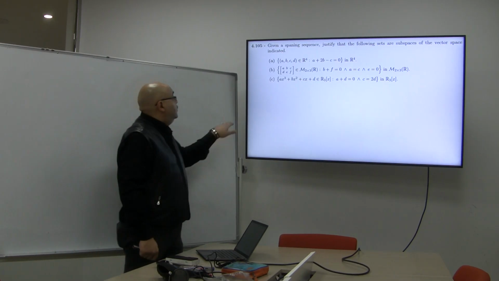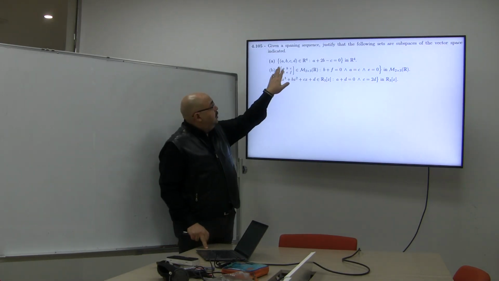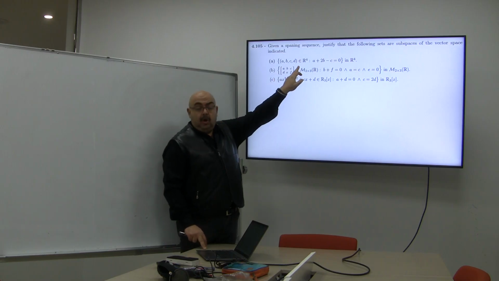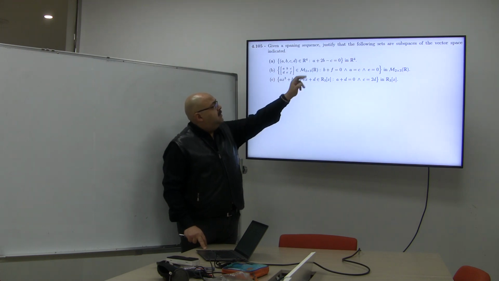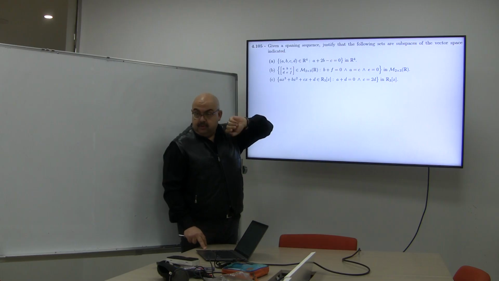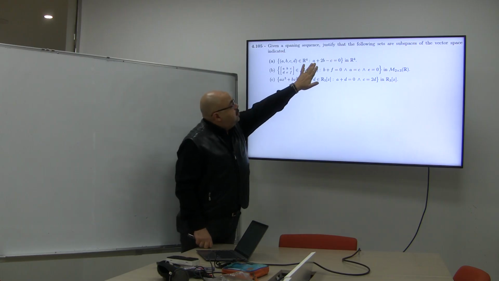So if I go through the first alternative, he's stating that it is the set of all vectors (A, B, C, D) which belong to R4, such that A plus 2B minus C equals 0. Okay, he's giving you this combination.